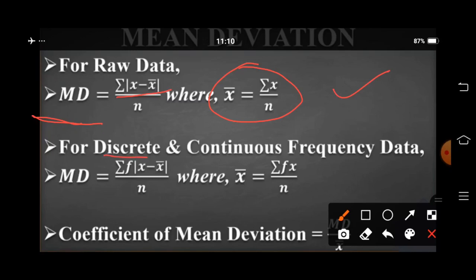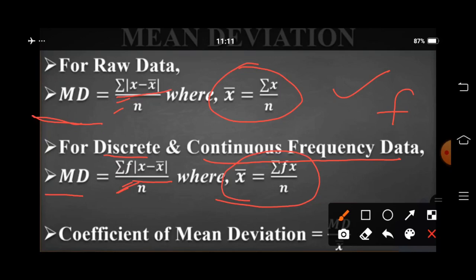For discrete and continuous frequency data, where one more table is there, the frequency table, the mean deviation formula would be sigma f, absolute value of x minus x bar, divided by n, where you have to find x bar by the formula x bar equals sigma fx divided by n.